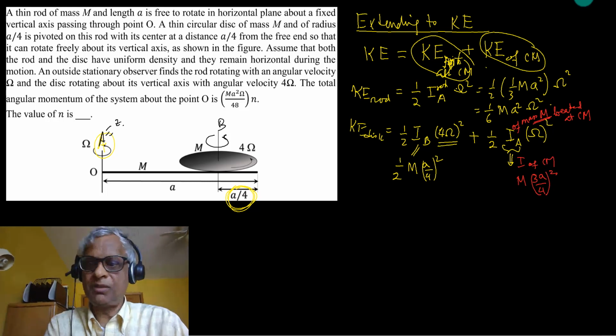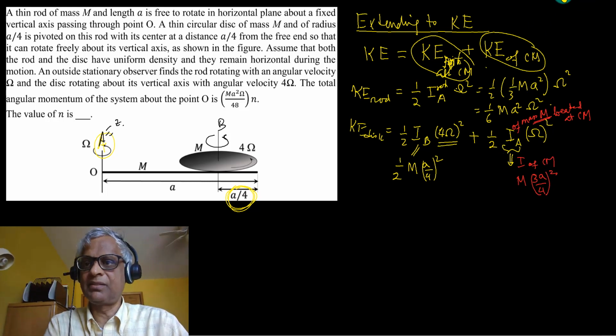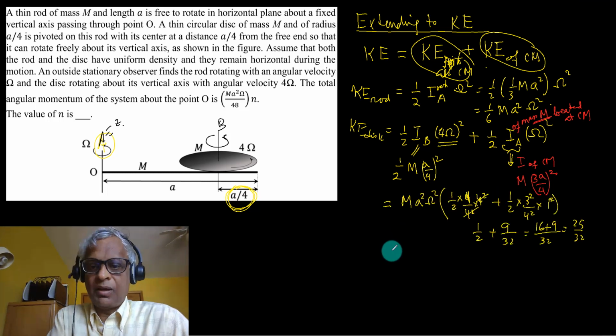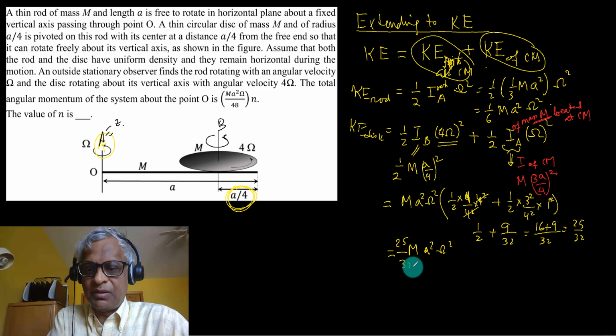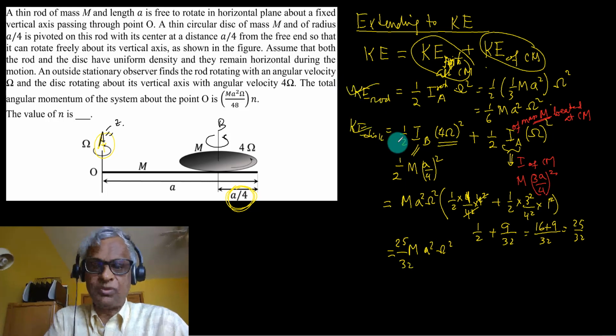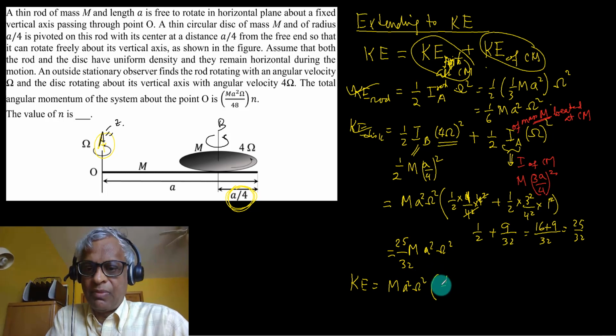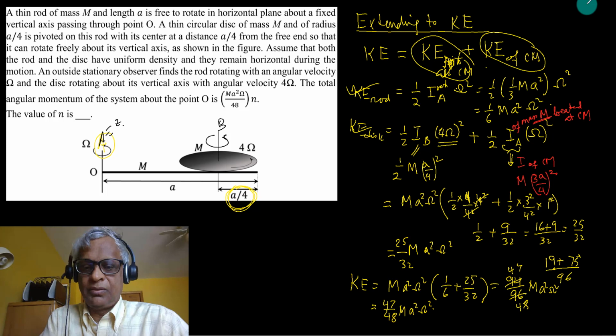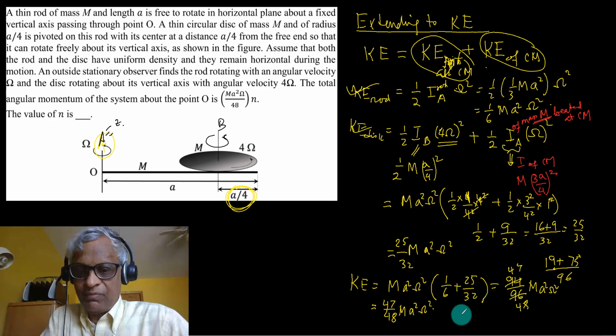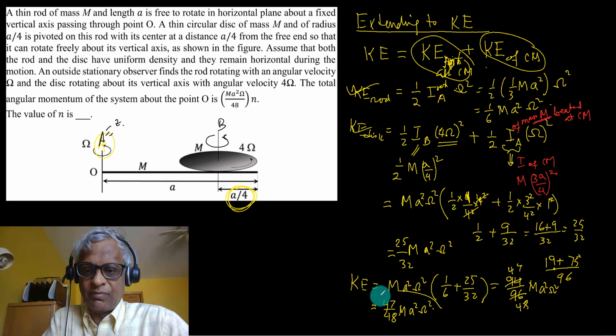So now let me pause and add this. Okay, I hope I didn't make a mistake here. ma square omega square 25/32. So I need to add these two. So the net kinetic energy will be just ma square omega square, 1/6 plus 25 over 32. And let me add this up. So after doing some more calculation, you can see I have this as an answer.